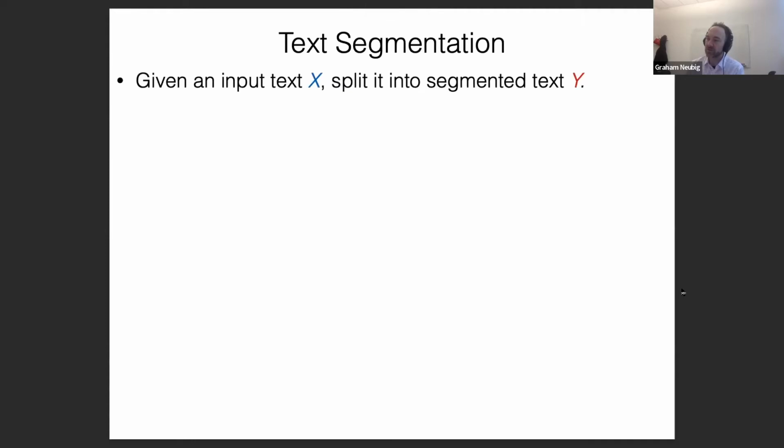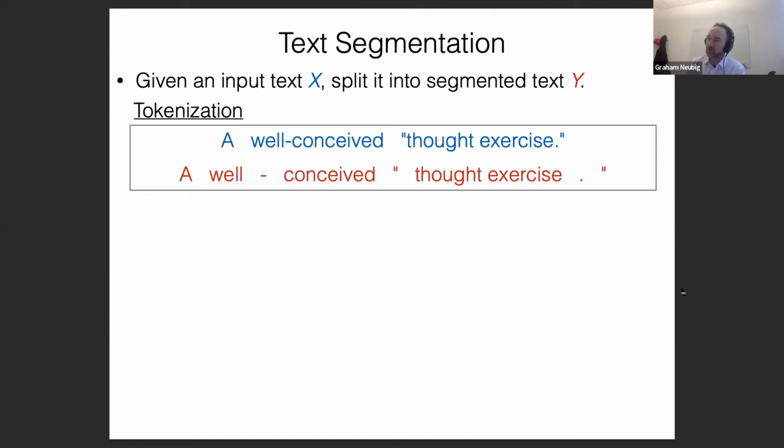Given an input text X, split it into segmented text Y. A very common example of this in many languages is tokenization, where you want to take something like a well-conceived thought exercise that has lots of punctuation and intervening hyphens, and split it up into things that look a little bit more like natural word boundaries, like this, adding spaces between each of the punctuation, etc.